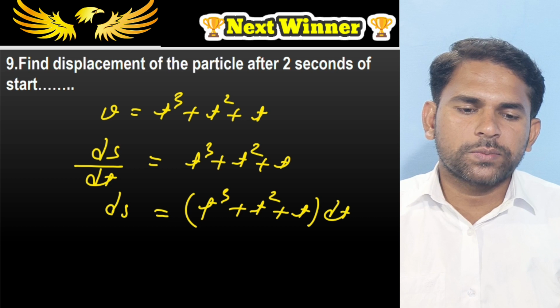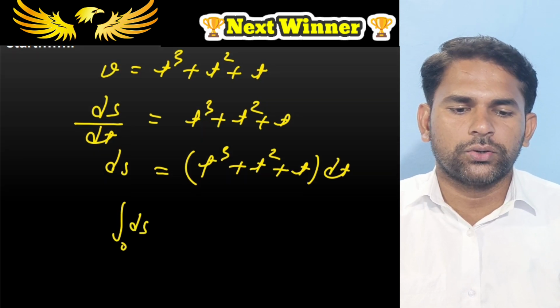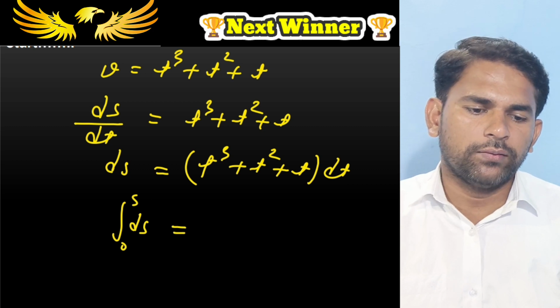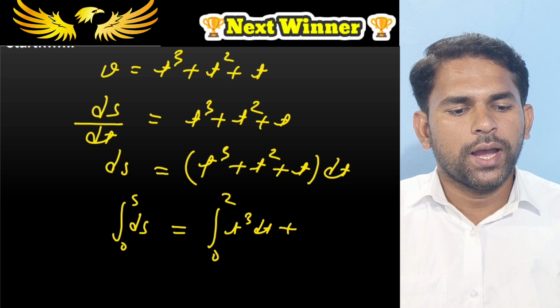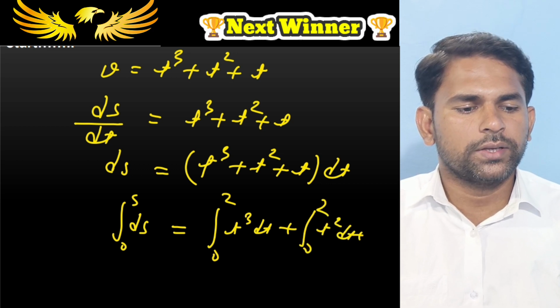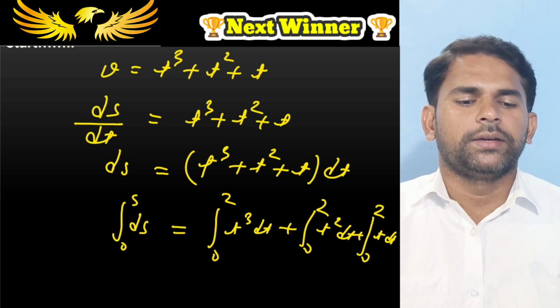So displacement means we can write the integration of ds from 0 to s, and time we consider from 0 to 2: integral of t cube dt from 0 to 2, plus integral of t square dt from 0 to 2, plus integral of t dt from 0 to 2. Very good.